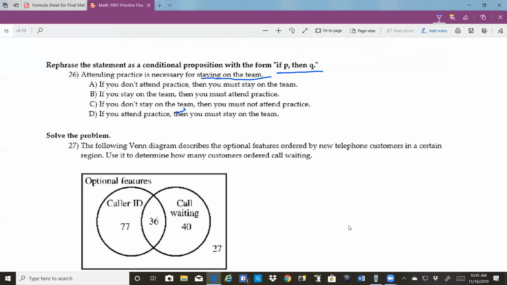Well, this is pretty obvious that the answer is going to be if you stay on the team, which is P, then you must attend practice, which is Q. So the answer is B. If you stay on the team, then you must attend practice.